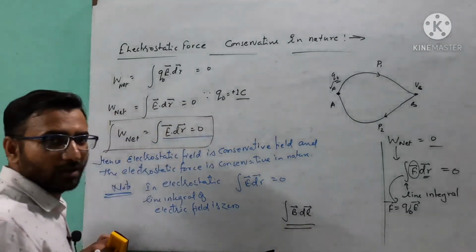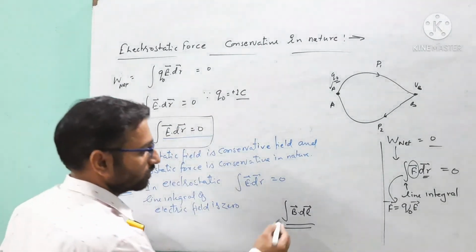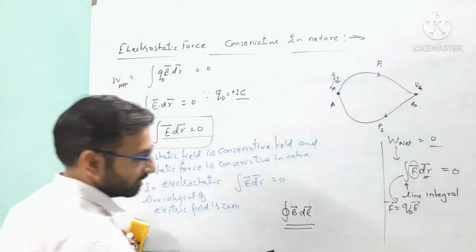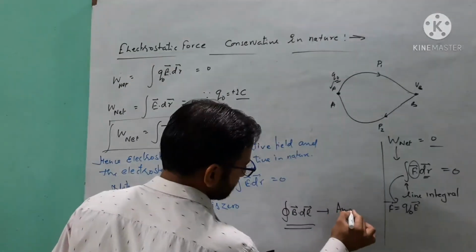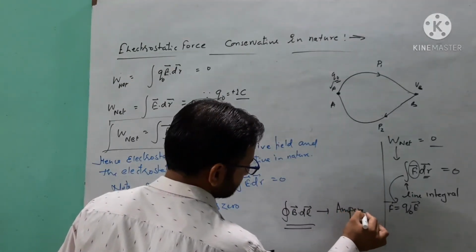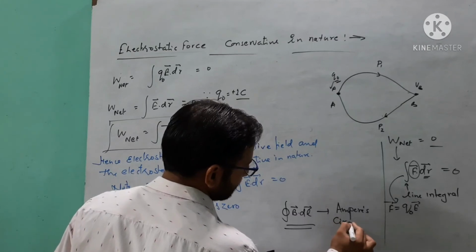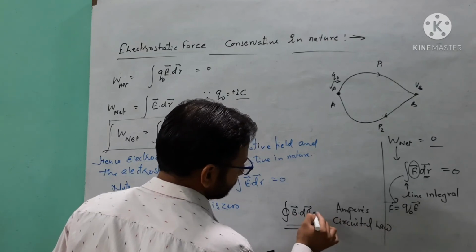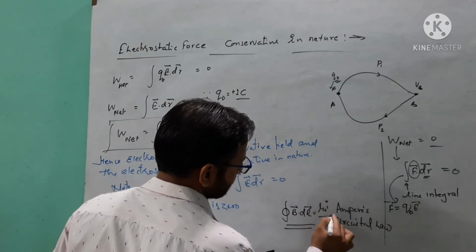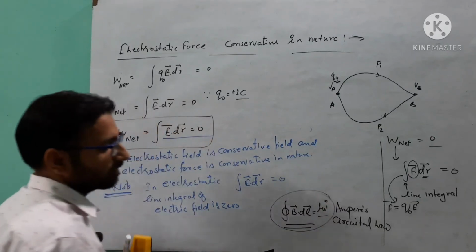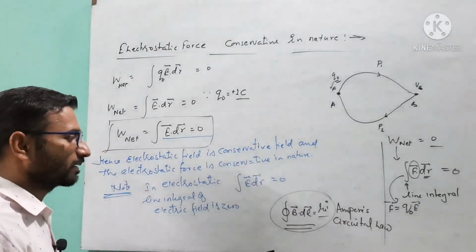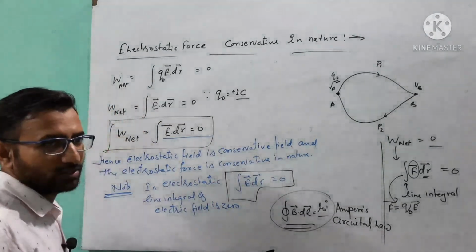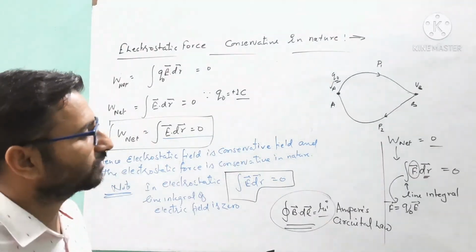Yes, it is a meaningful term. The line integral of magnetic field relates to Ampere's circuital law, which is equal to mu naught times I. You will discuss this in our upcoming chapter, but here you have to understand this MCQ part. In electrostatics, the line integral of electric field is 0.